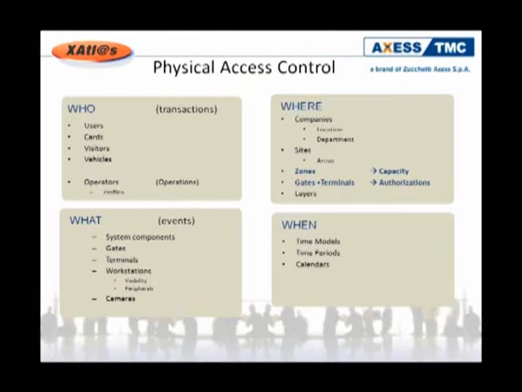We already saw the host and the field managers. The "what" part of the physical system: we have events. Transactions are things that happen to the users, to the people. Events are things that happen to physical entities.